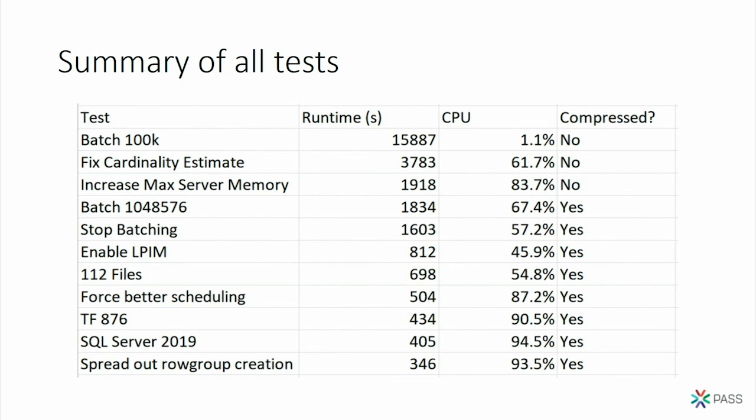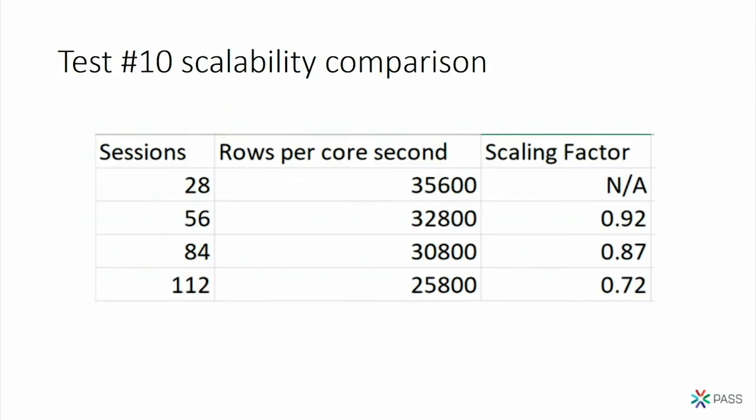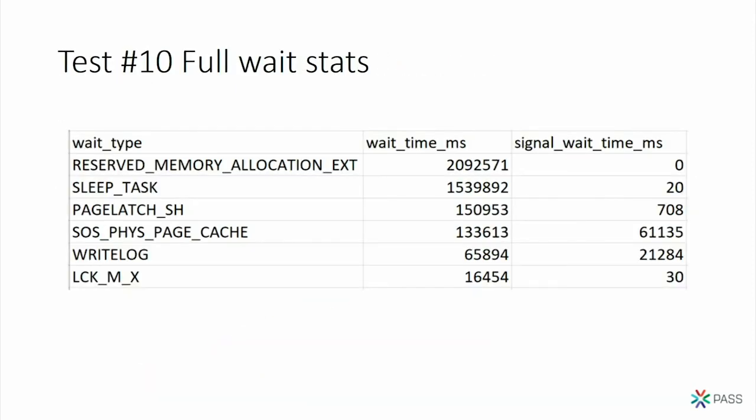The benefit for scalability would be that there's a row group flush lock taken as part of writing the column store row group. I believe that's at the partition level, so you could reduce that bottleneck. Yeah, so you see the 16 seconds of LOCK_MX wait, that's that row group flush. So for me, that's not really a problem.